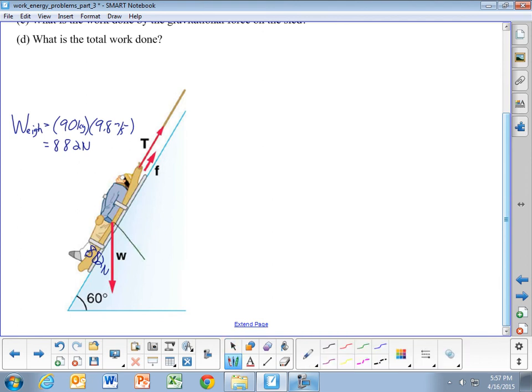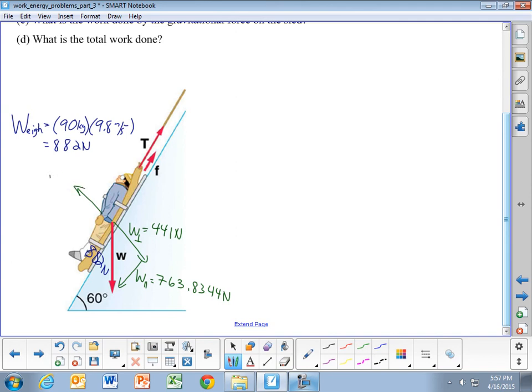So then I can break that weight into components. This parallel component of the weight is 763.8344 newtons. This perpendicular component is 441 newtons.